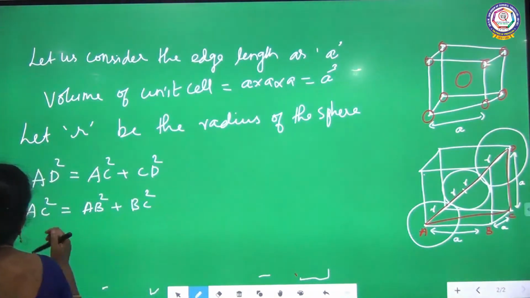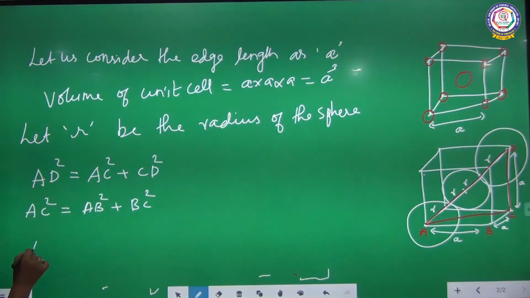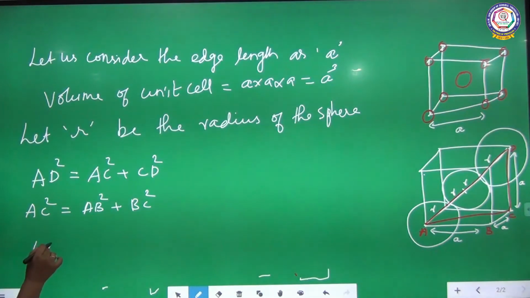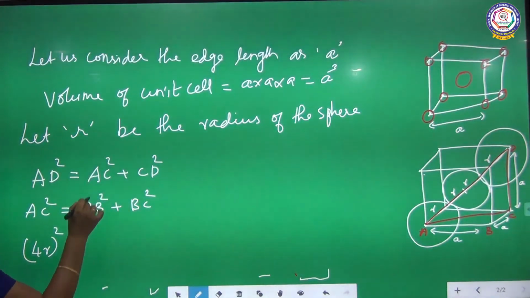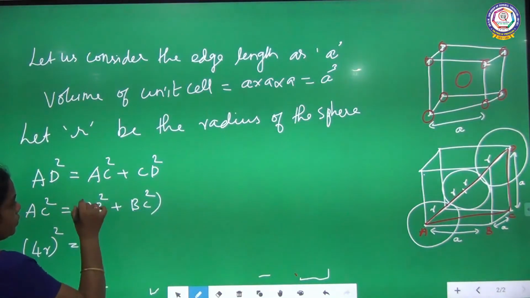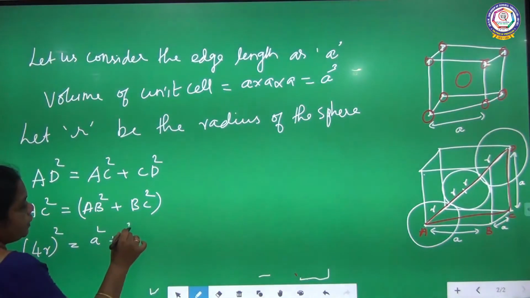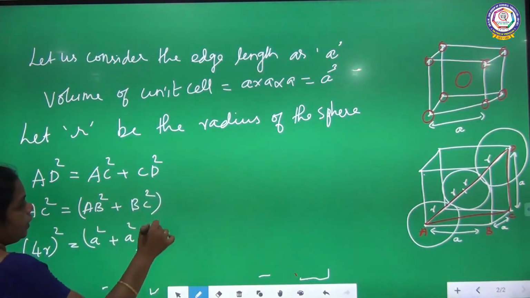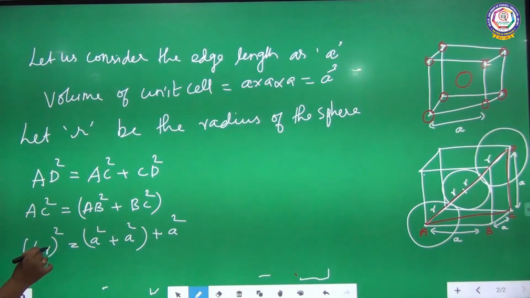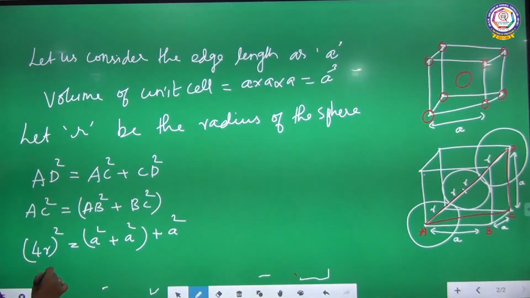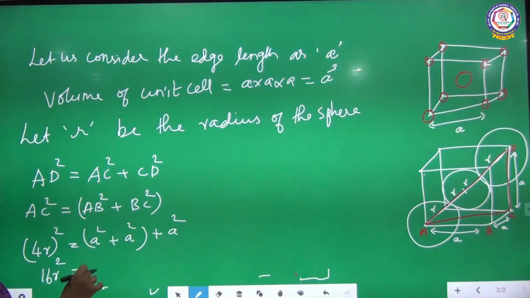Now you substitute this. 4r whole square equals a square plus a square for AB and BC, and for CD one more a square. 4r square is 16r square.